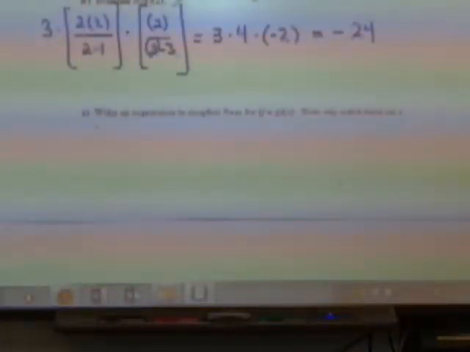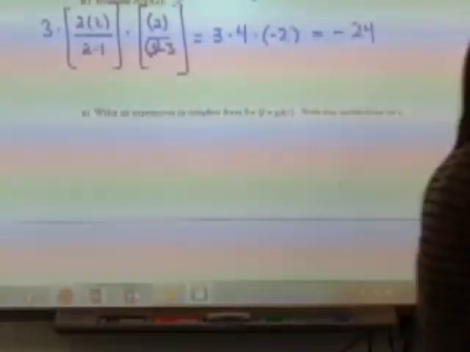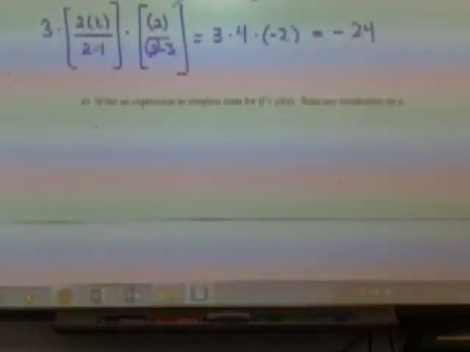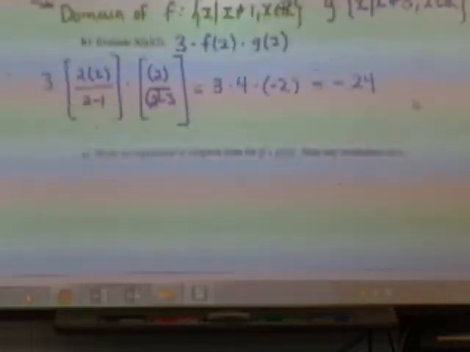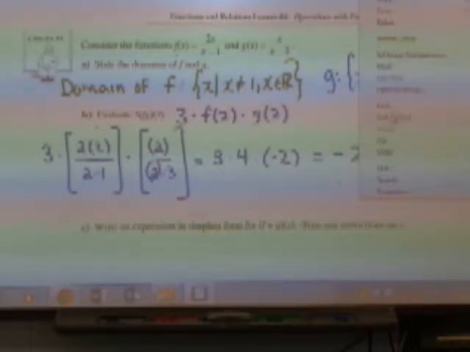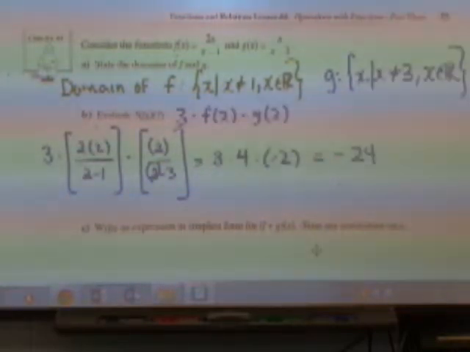Okay. Question C, again, asks you to do what? What are you asked to do in question C? Add the 2 statements together.